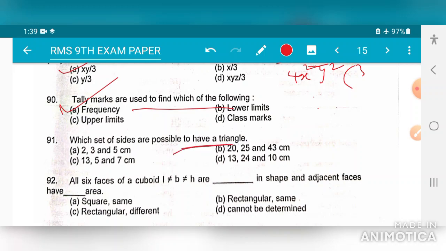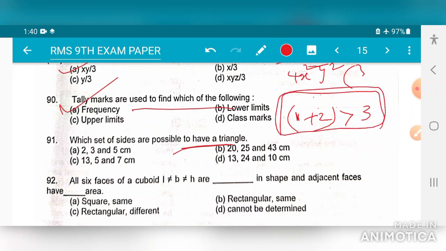The principle is that the sum of two sides is always greater than the third side. If any such values exist in the options, that may be considered as our required answer.